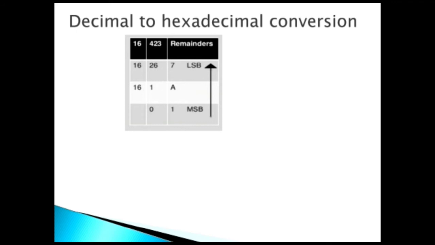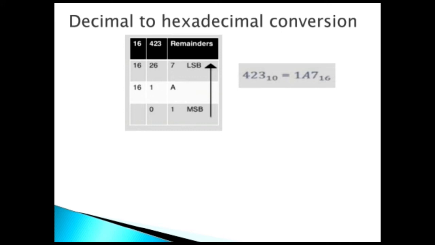Now again we will place the last digit or the down digit as a first one and the upper digit as a LSB or in the right hand side. Now in this case 423 as a decimal number system has been converted into 1A7 as a hexadecimal number system.